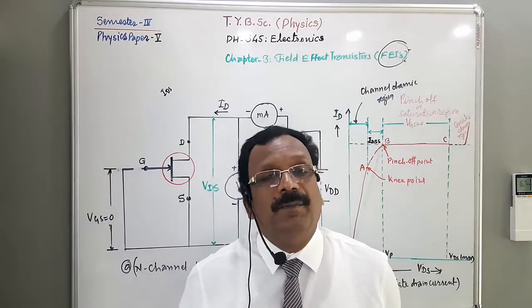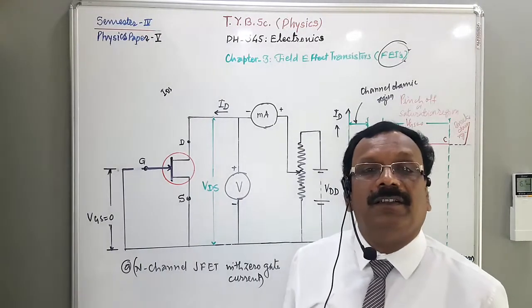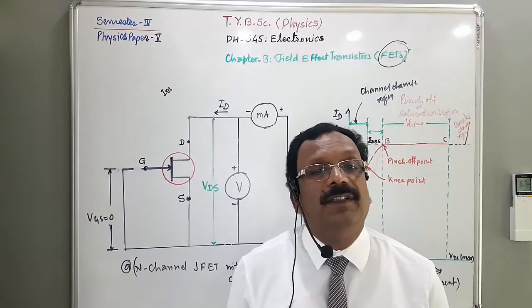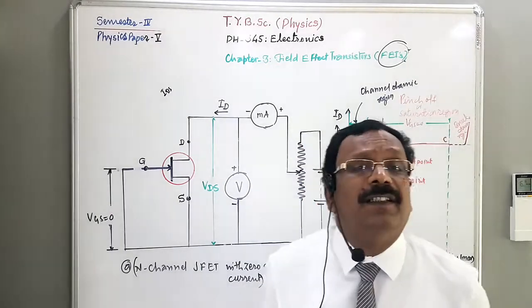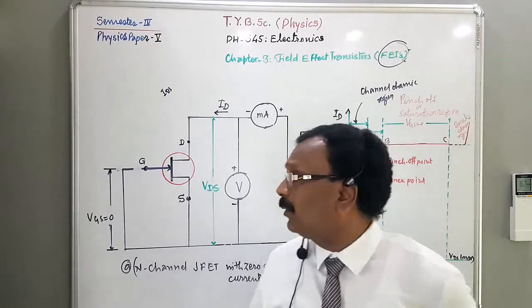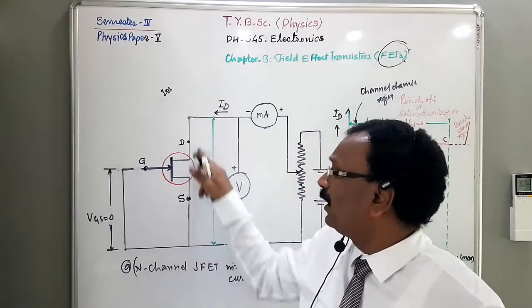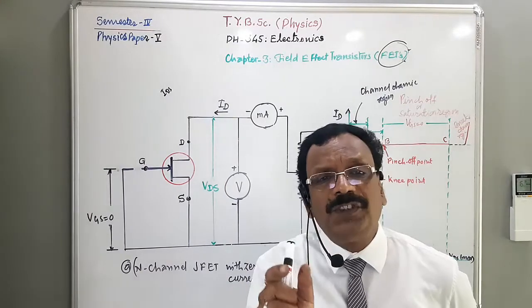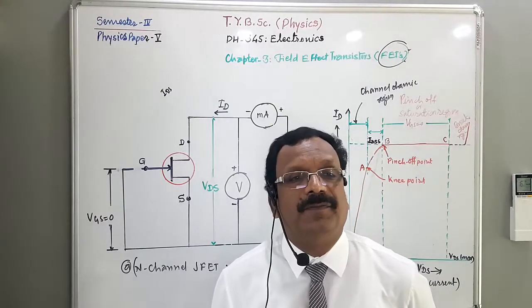Make your concentration here. When voltage is applied between drain and source with a battery VDS, and the gate is kept open, the electrons flow from source to drain through a narrow channel existing between the depletion regions.